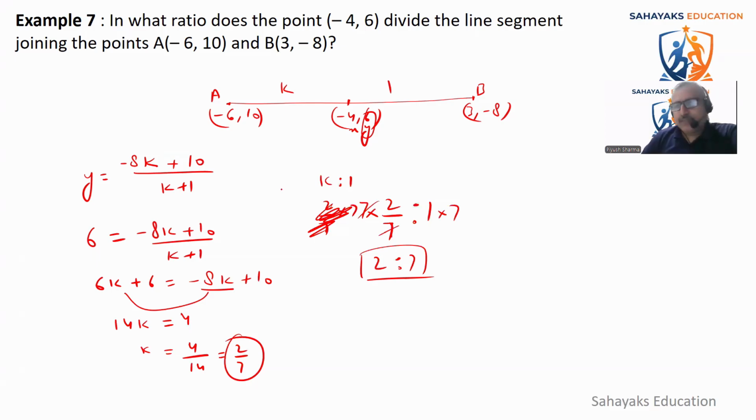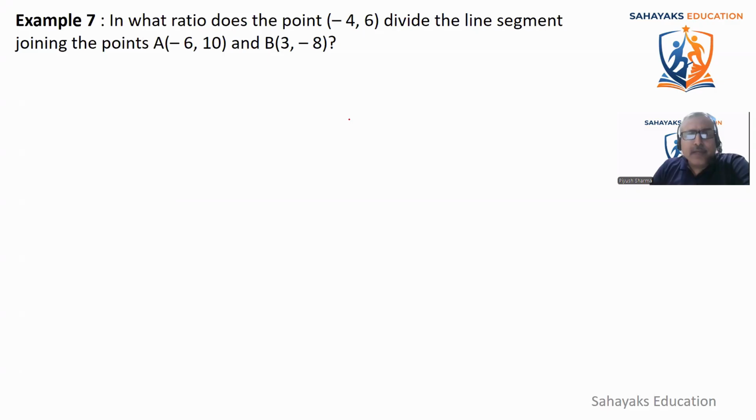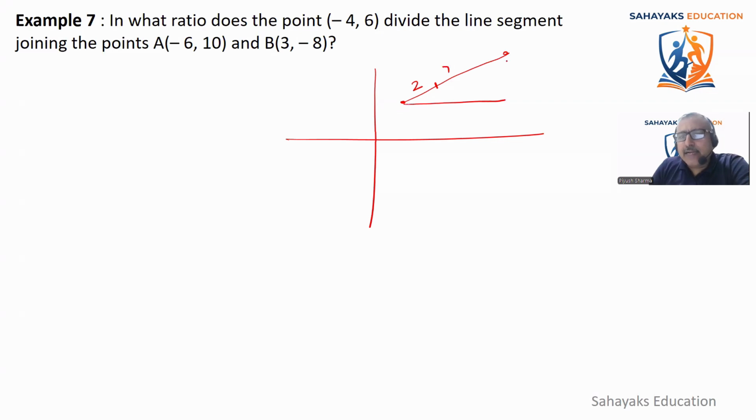Why did it not change? It happened because, let me just make it. So this is one point, and this is the second point. Now, if this point is dividing it in the ratio 2:7, and I make a right angle triangle, and if I make a perpendicular here, then by similar triangles we can see that this triangle is similar to the bigger triangle.